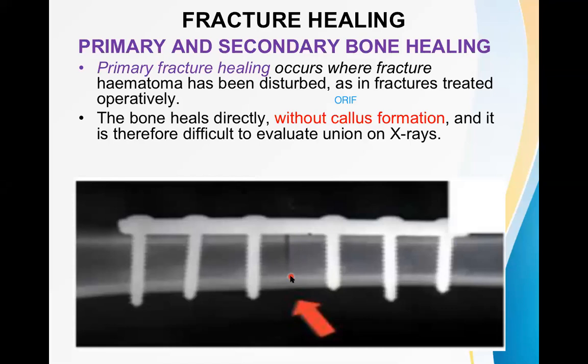Because there was no hematoma. The hematoma was disturbed. The hematoma was drained probably when you made the incision. So this is the internal fixation. See this plate and the screws. So this is an excellent way of treating the fracture. The exact alignment is there.